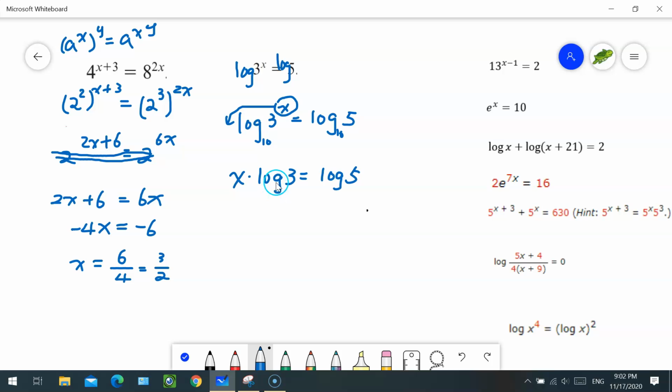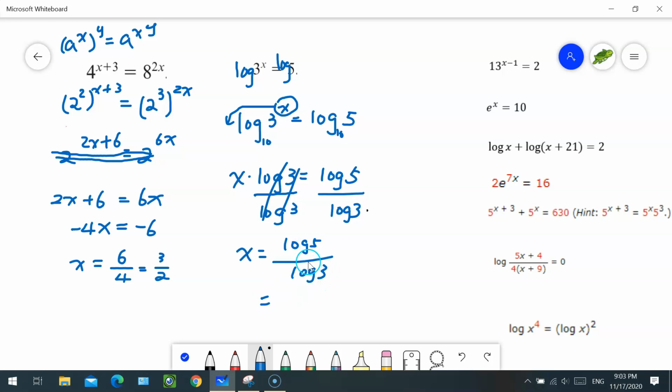Keep in mind, log 3 and log 5 are just numbers. So in order to isolate the x, I simply divide by log of 3 on both sides. Then I solve for x equals log 5 over log 3.